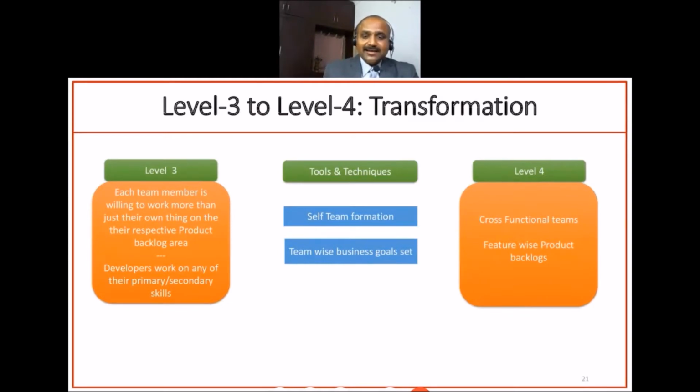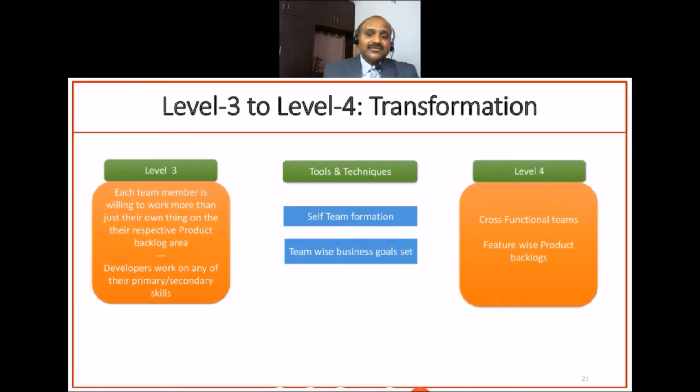Earlier, the product backlog, the requirements, and the organizational structure were centric to components, horizontals. Now our organization is formed towards product area, towards the feature set. In self-team formation, people who co-locate generally gel well, so team-wise issues may also get resolved to the most extent, and we also provide business goals for them.